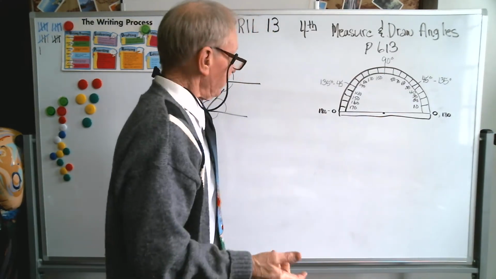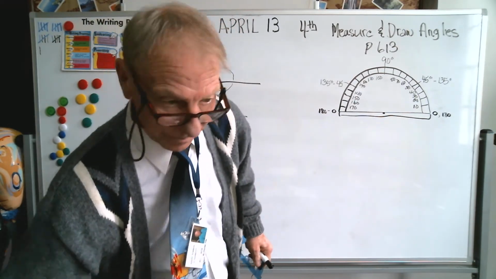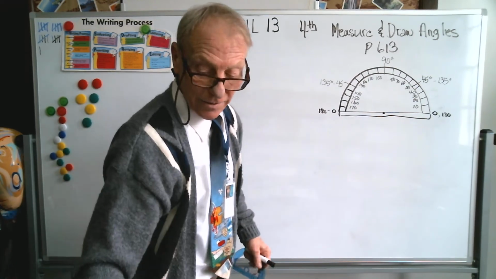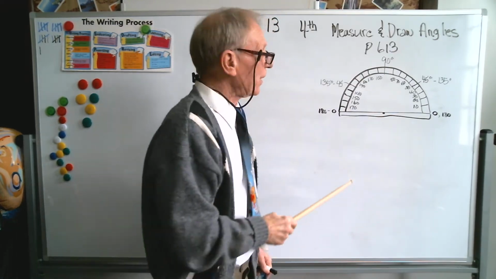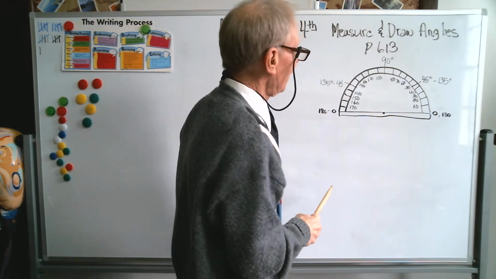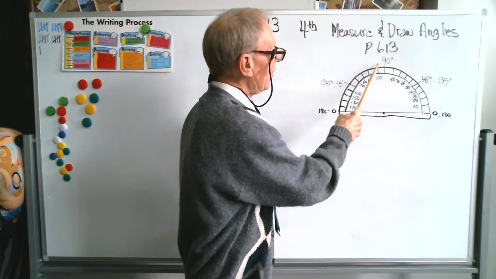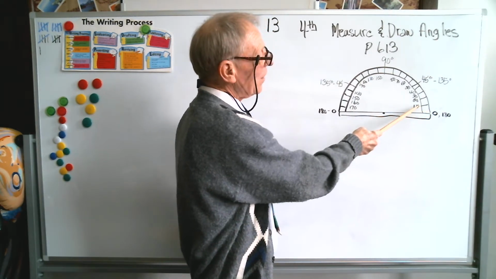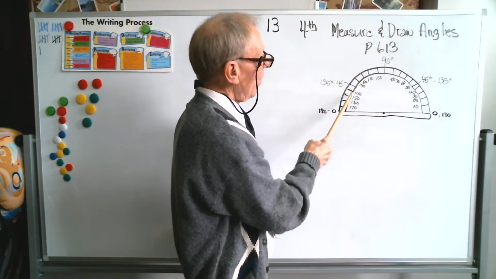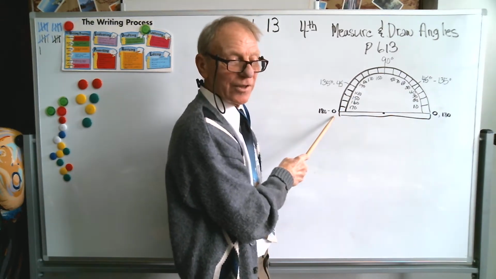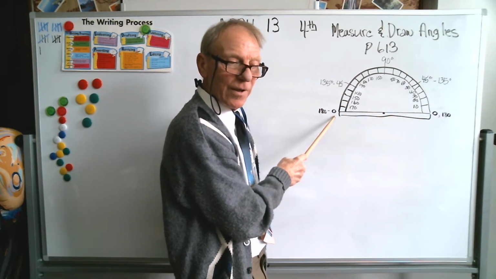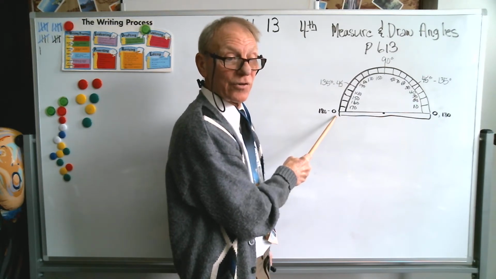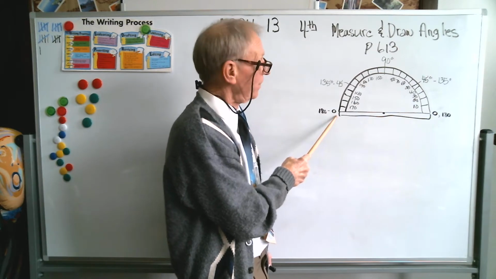So let's practice a little bit. How do you use a protractor? Well, the first thing you need to know is you look at the protractor that I've drawn here. If I start and go counterclockwise, I start at 0, and then it goes up by 10 degrees, all the way around until it gets to 180, because 180 is half of a circle, and a circle is 360 degrees, thus the 180, half the circle.